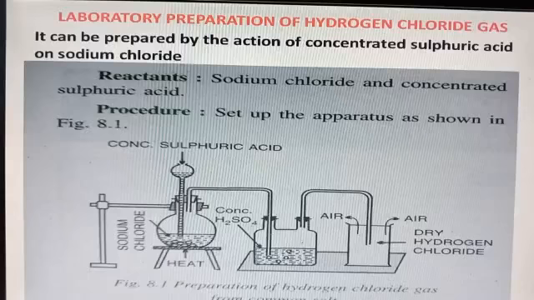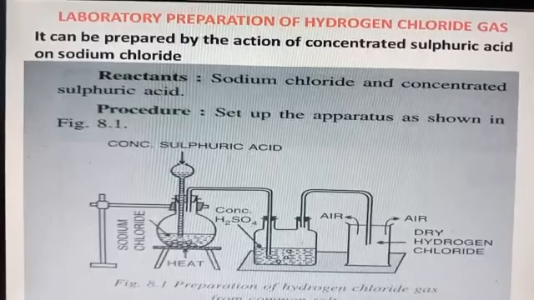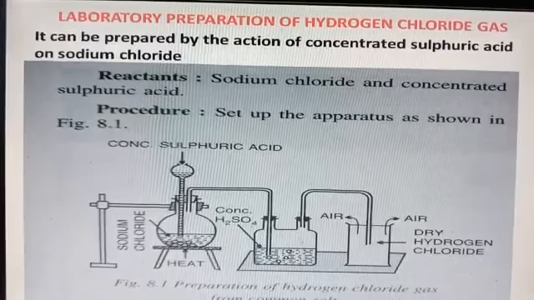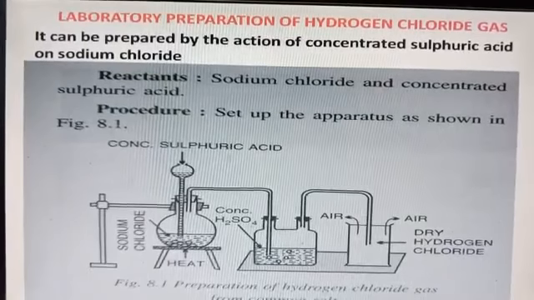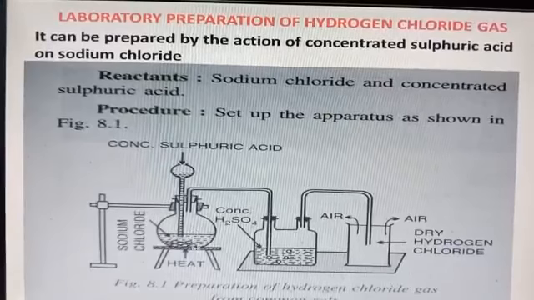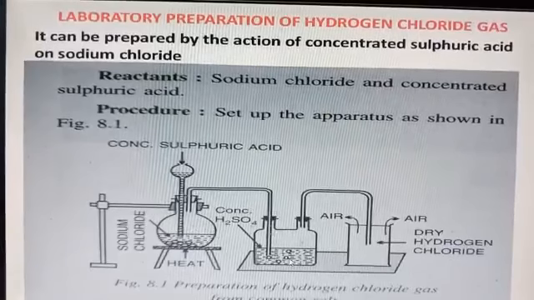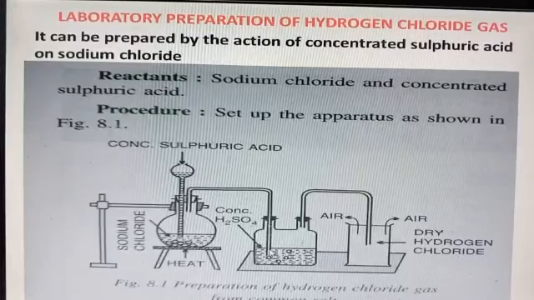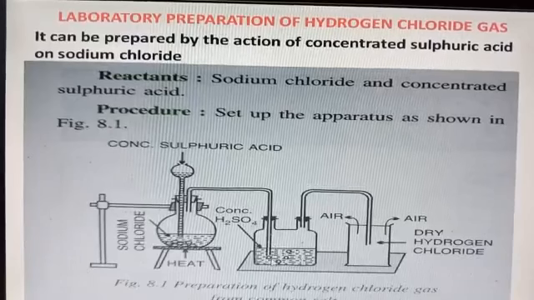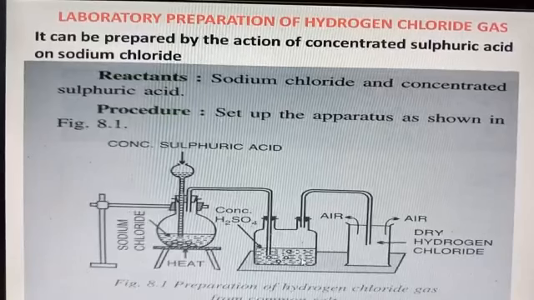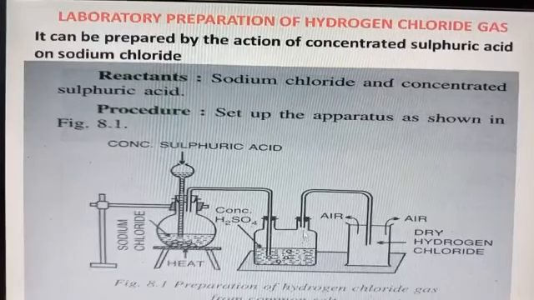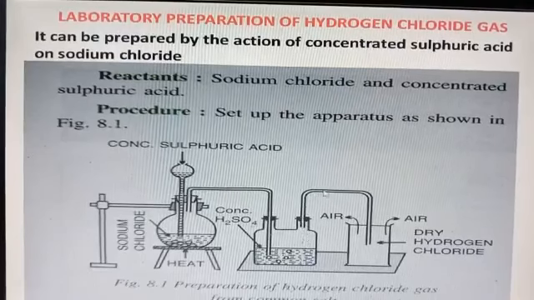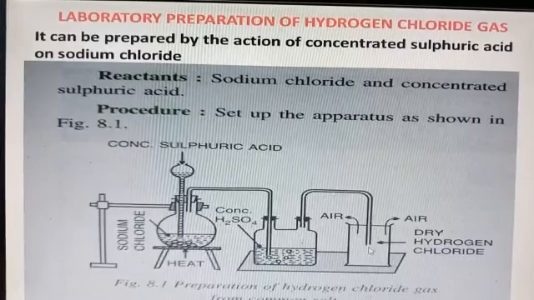In order to get dry hydrogen chloride gas, we pass the gas evolved in this round bottom flask to this washer bottle which contains concentrated sulfuric acid. The gas that is coming here may contain some moisture. But once it is passed through this concentrated sulfuric acid, the gas will be totally dry. So the dry gas goes from this washer bottle and is collected in a jar.